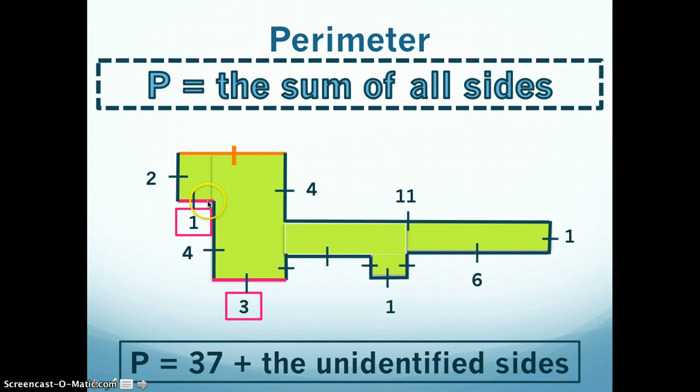This 1 length plus this 3 length down below is exactly the same length across as this orange side at the top. So if we know that this is 1, the rest of this would be 3. 1 plus 3 means that the length above should be 4. So now we know the perimeter is 37 plus whatever's left over.